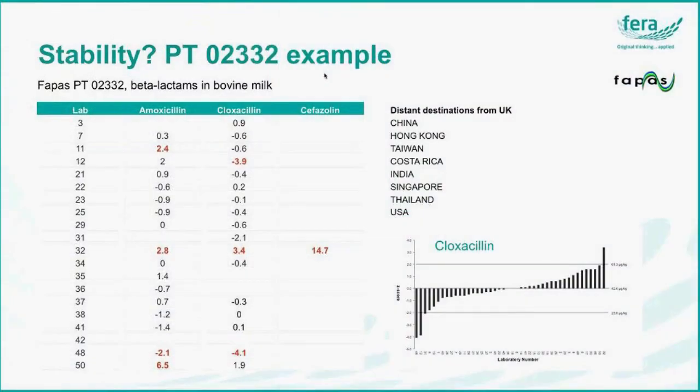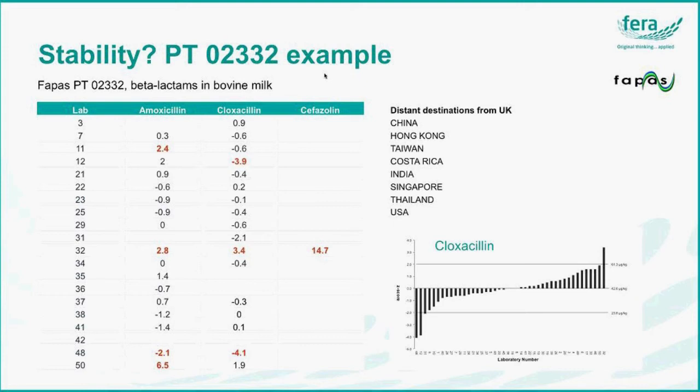One specific question was asked to me recently by a laboratory in a Far Eastern country, and this was about veterinary drugs, in particular beta-lactams, in bovine milk. And in order to answer this question of stability, I looked at the data, and what we see on this slide are all the Z-scores from laboratories taking part that are a long distance from the UK.